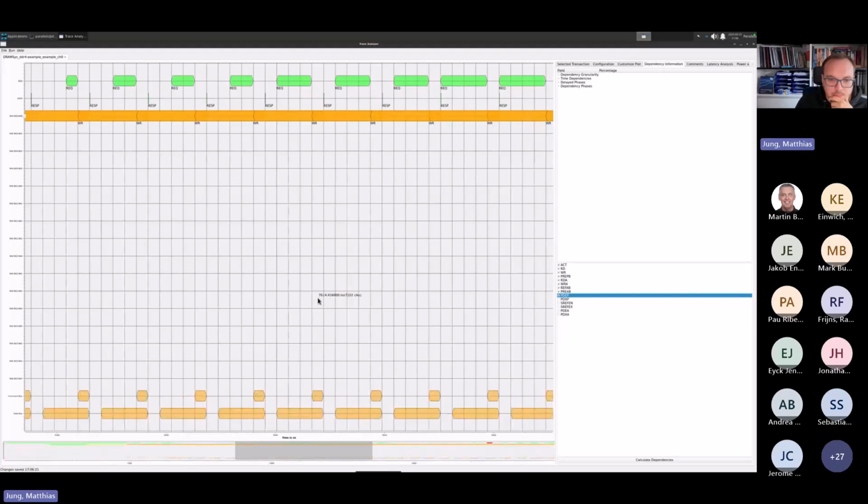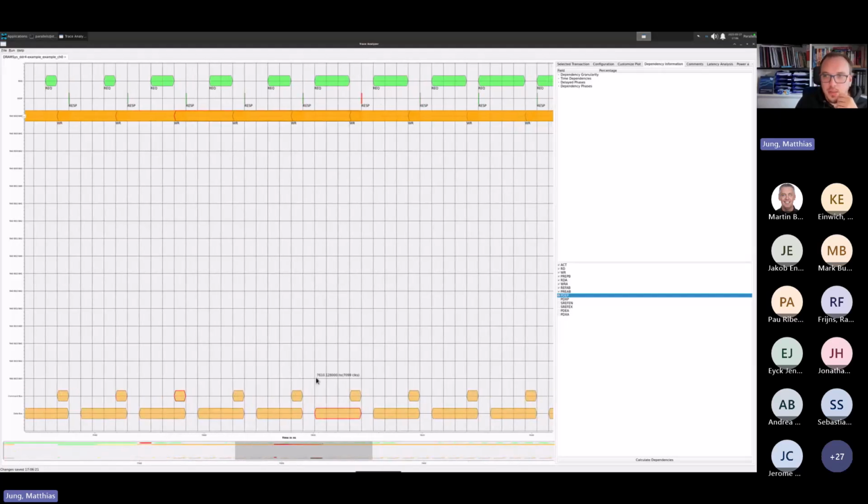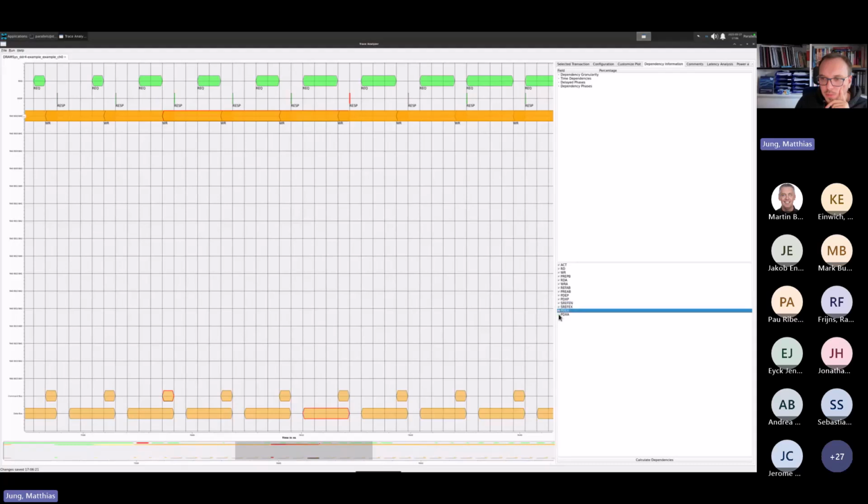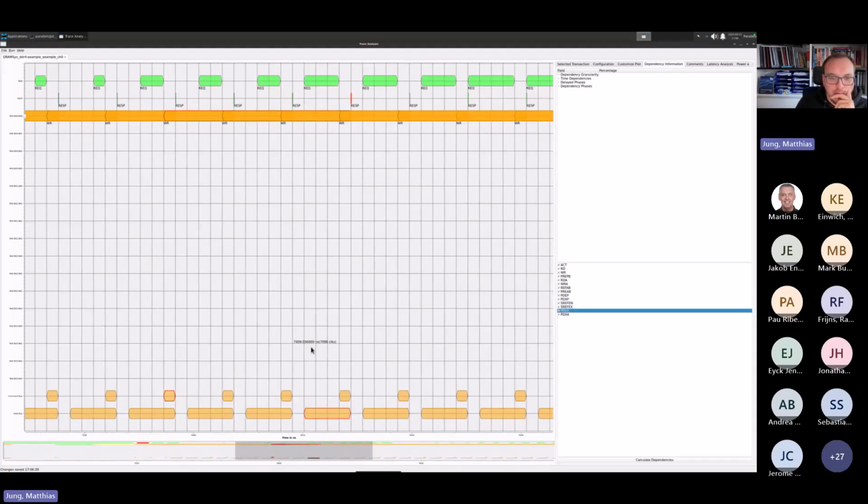I don't know why, but usually it shows you these timing dependencies as in this diagram. I'm surprised. Usually that works in the demo, but probably I have configured the wrong memory device.